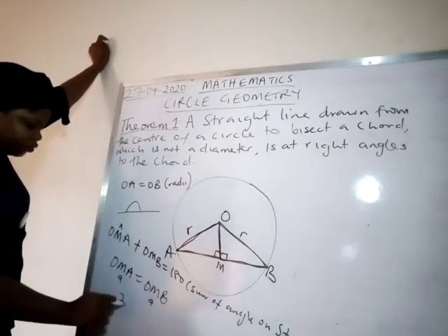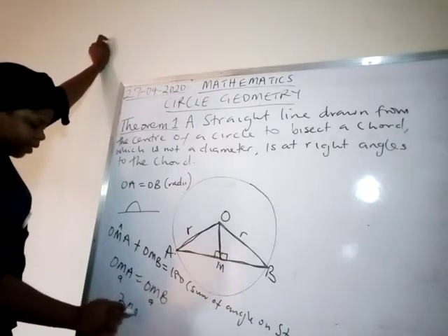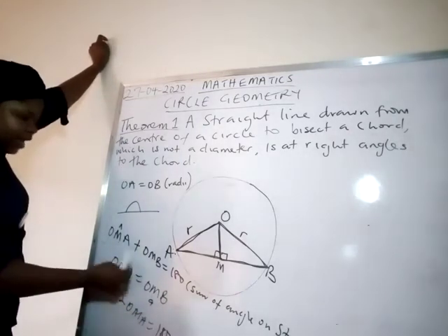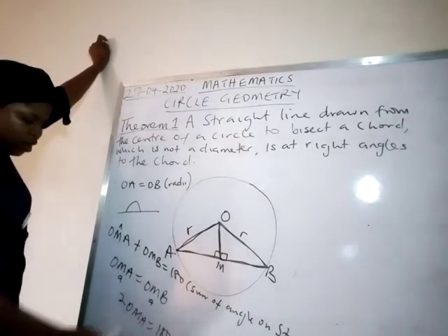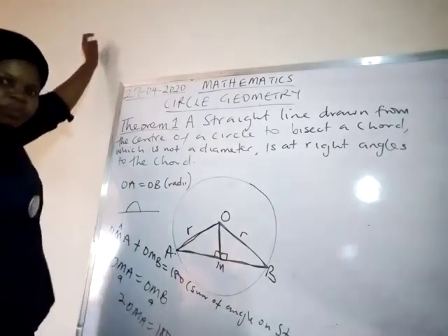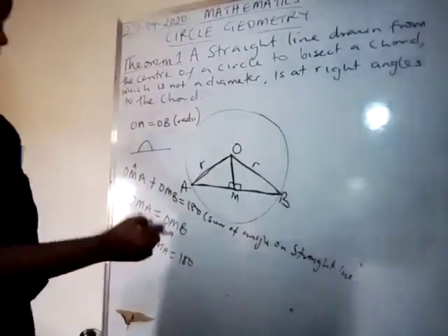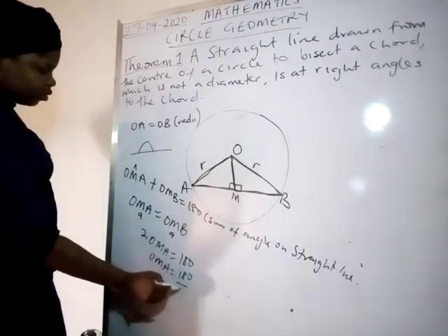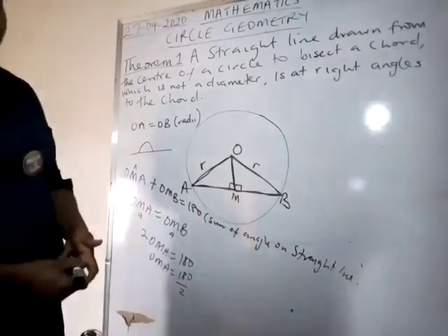So that means I can have 2 of OMA equal to what? 180, because I said they are the same. So if I divide both sides by 2, my OMA is going to be 180 over 2, and that gives me 90 degrees.